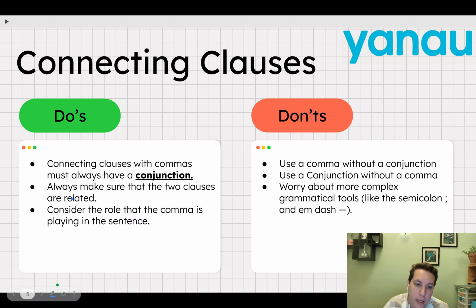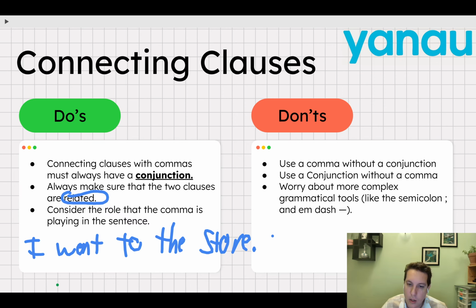Number 2 is that we need to make sure that the clauses are related. Take, for example, I went to the store, period. And then I say, for example, I went home. These aren't technically related.